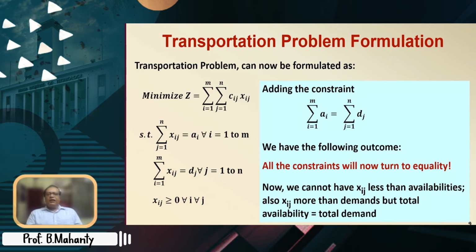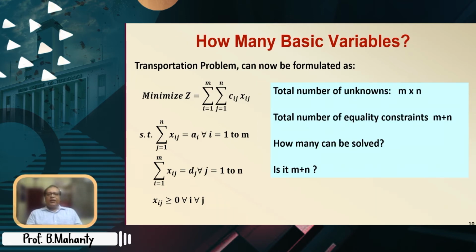So because of that, we cannot solve m plus n. Once again, the total number of unknowns is m into n, and the total number of equality constraints is m plus n. How many can be solved? Is it m plus n? The answer is no, it cannot be, because it will be only m plus n minus 1. Why?